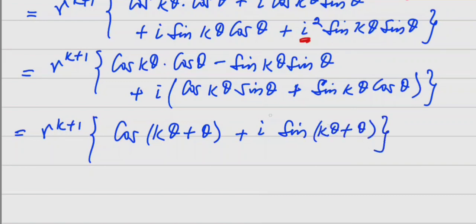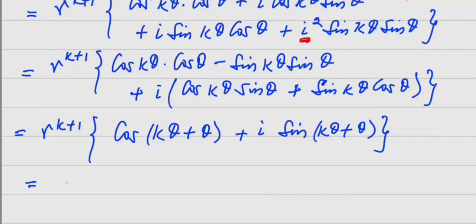So cos k theta sin theta plus sin k theta cos theta is nothing but sin of (k theta plus theta).